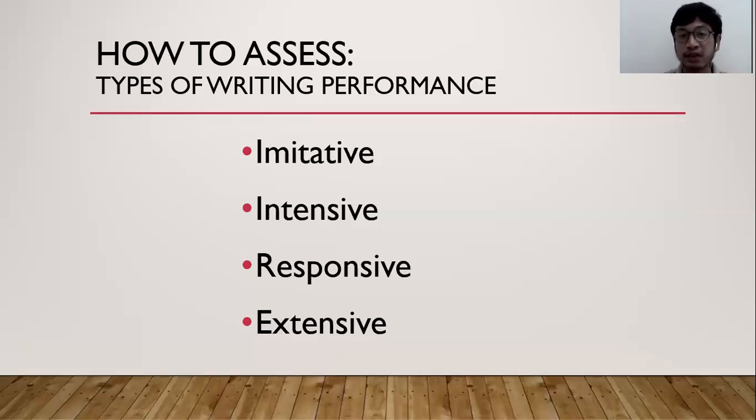And that first stage is reflected by imitative tasks. So imitative tasks are basically related to things like spelling, punctuation, or perhaps formulating brief sentences, right? And imitative tasks are suitable for, you know, elementary school students or perhaps kindergarten students.